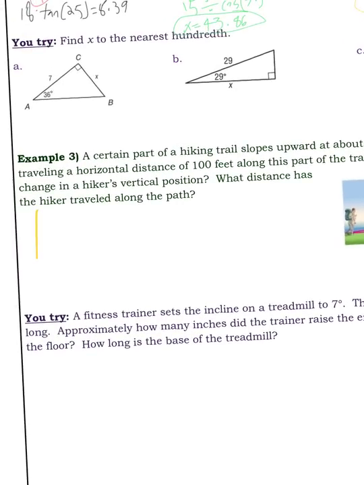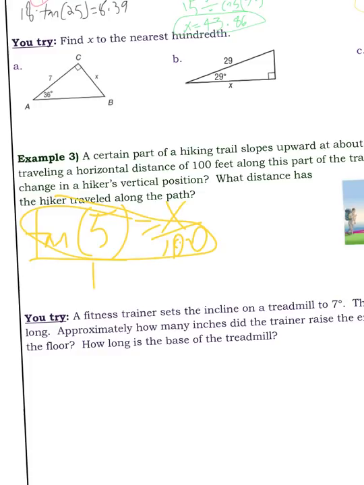So tangent of 5 degrees equals opposite over adjacent, x over 100. Throw this over 1, cross multiply, divide by 1. 100 times tangent 5 is about 8.75.